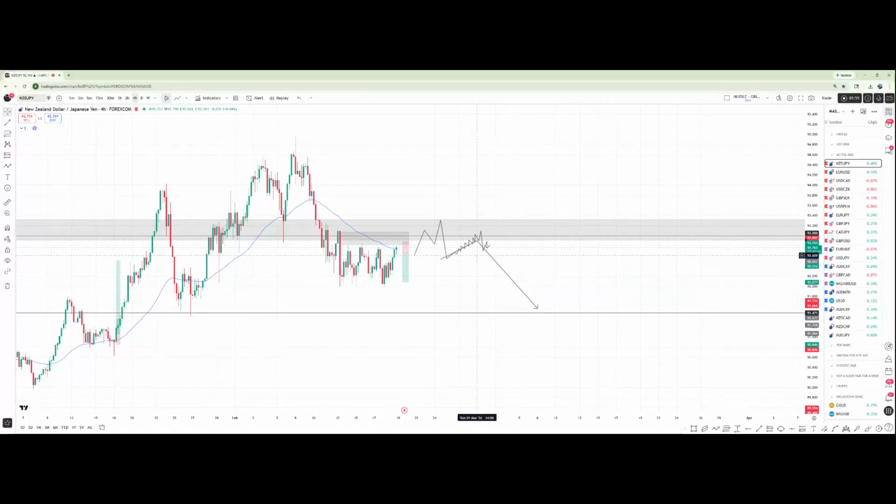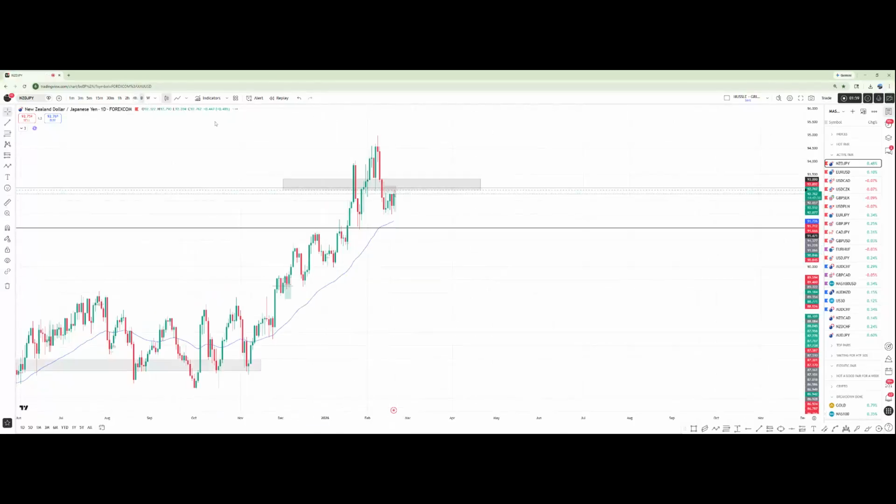So yeah, currently right now I am waiting for the NZD together with the daily rejection candlestick.